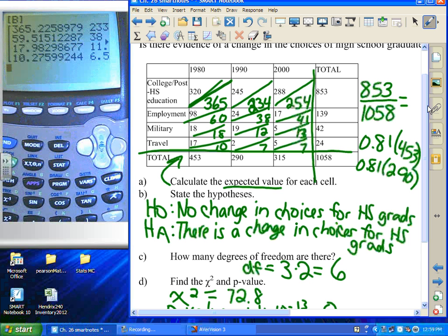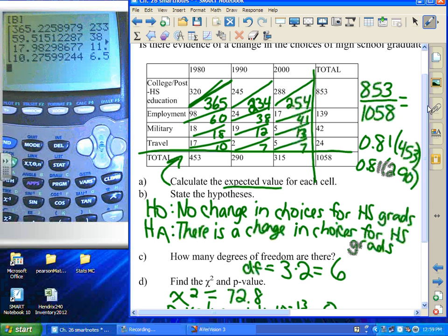It was above what we expected. This is how many are actually going to college, 288. If it hadn't changed, only 284.